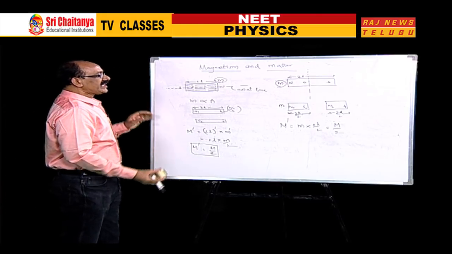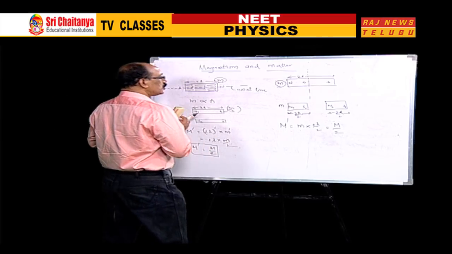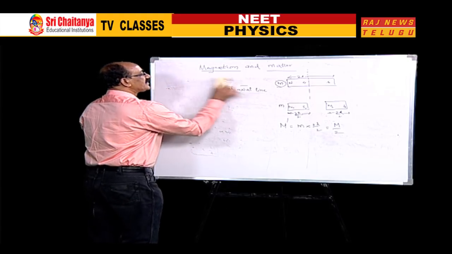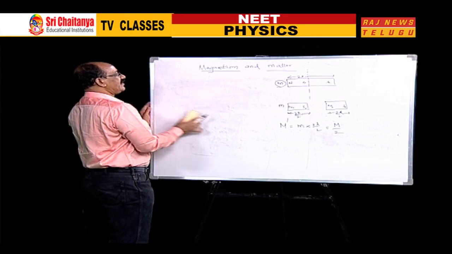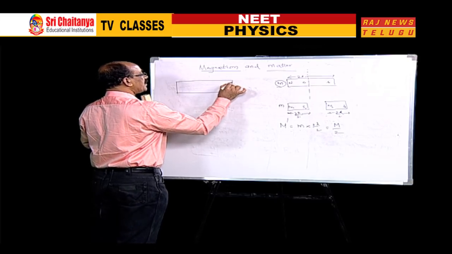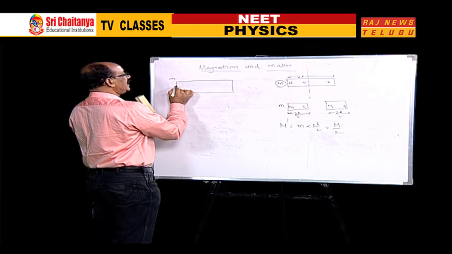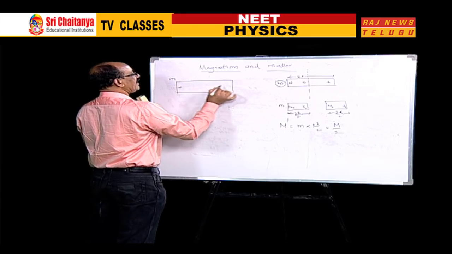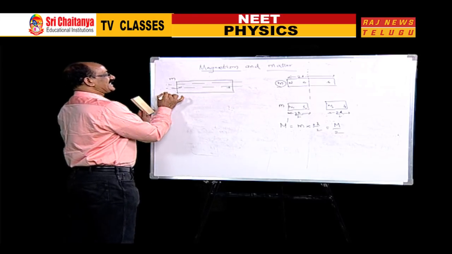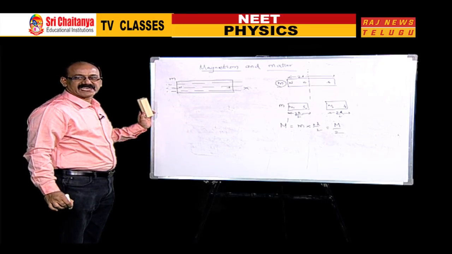Now, we can even talk about cutting a magnet into so many pieces parallel to its axial line. Let us say you have a bar magnet of magnetic moment M, pole strength small m, I mean to say. So pole strength is small m and magnetic moment is M. Let us say it is cut into X identical pieces parallel to its axial line.